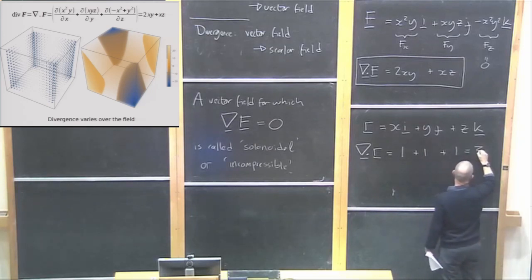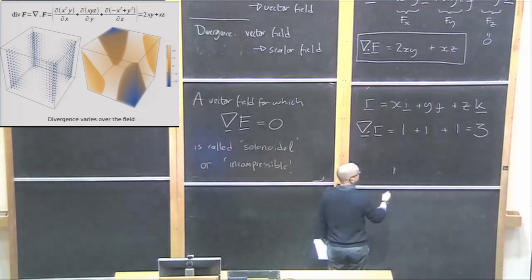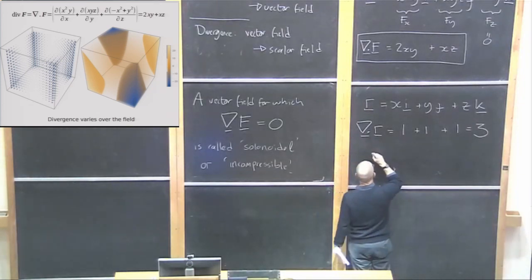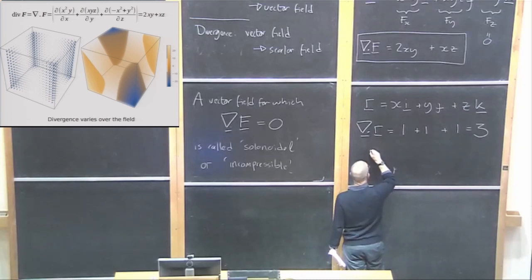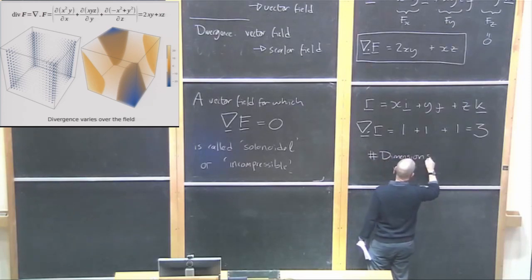So that just equals 3. And in fact, this is immediately obvious: the divergence of the position vector has a value equal to the number of dimensions you have.